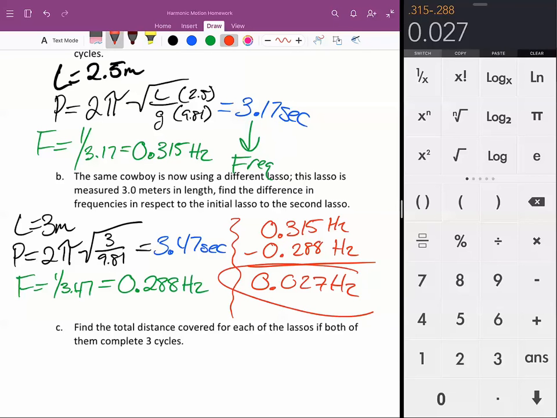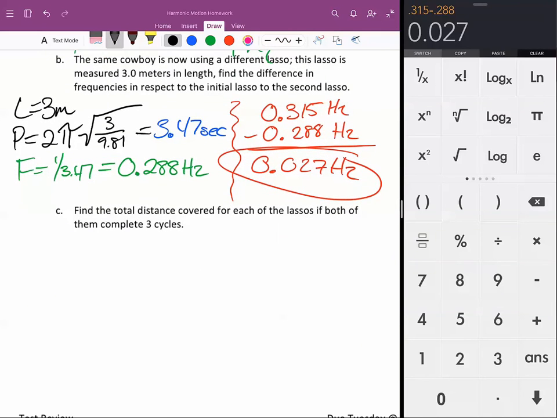Now part C is asking for the total distance covered for both lassos. This is relevant to your circumference. So circumference is 2 pi r. Your r, as I said earlier, is based off the length of your pendulum. Now one length was 2.5, and we completed 3 cycles.